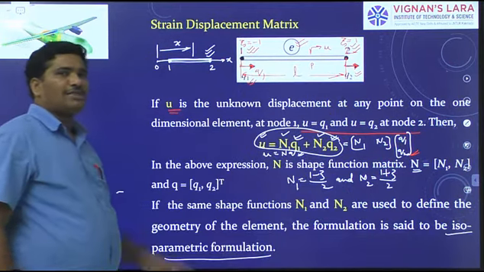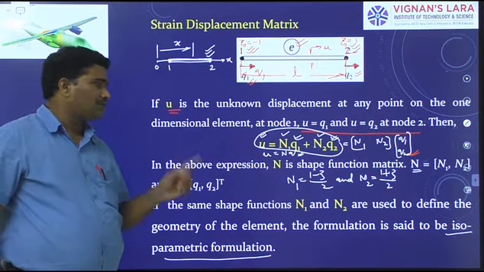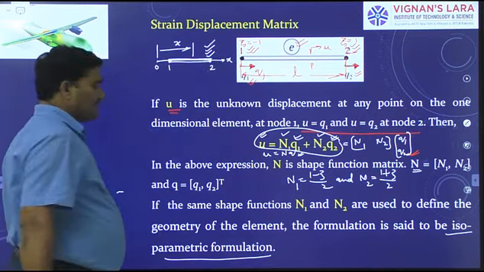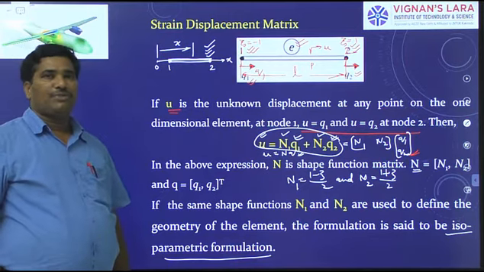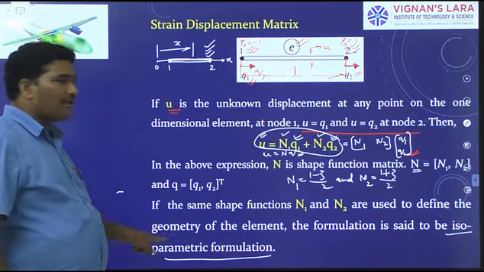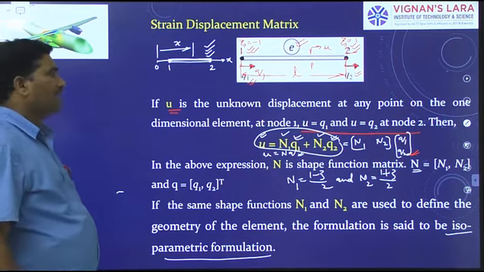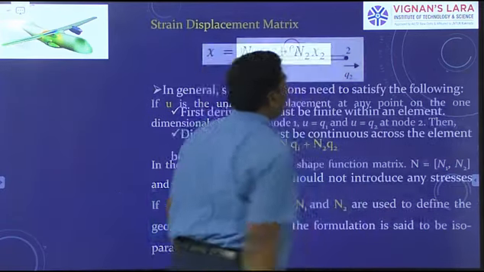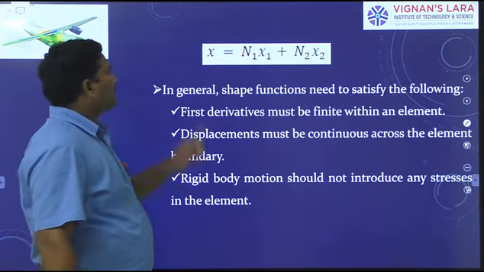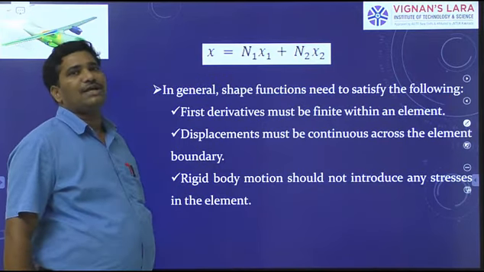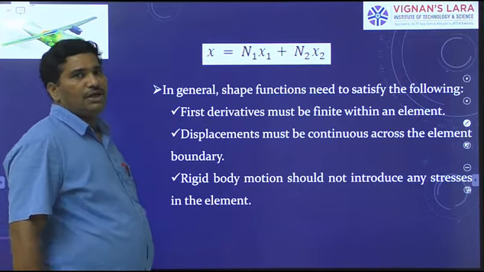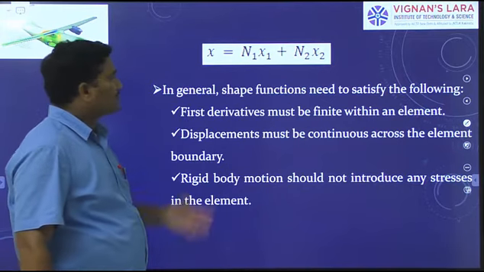Hence, according to isoparametric formulation, you can write x equals N1 x1 plus N2 x2.